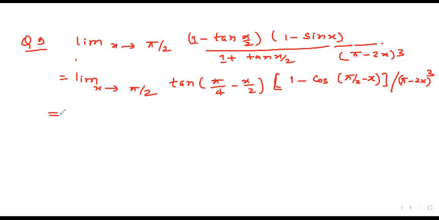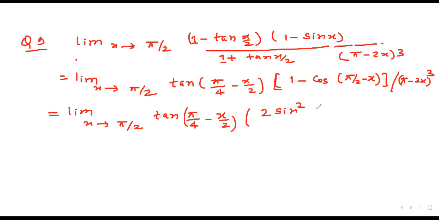Now we further write it limit x tends to pi by 2, tan pi by 4 minus x by 2 times 2 sine square pi by 4 minus x by 2.